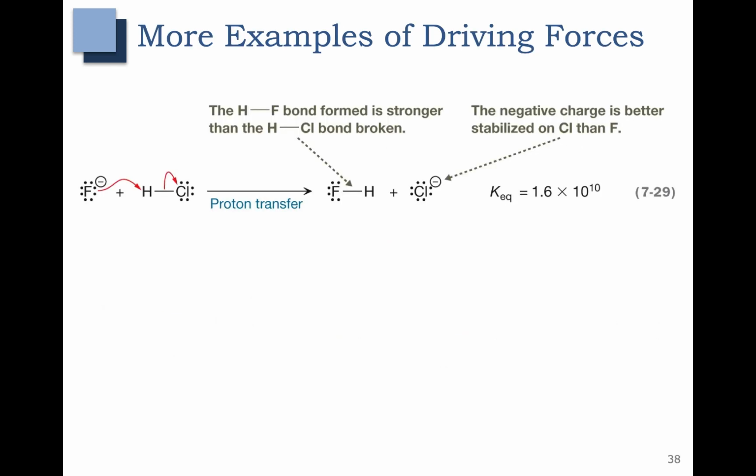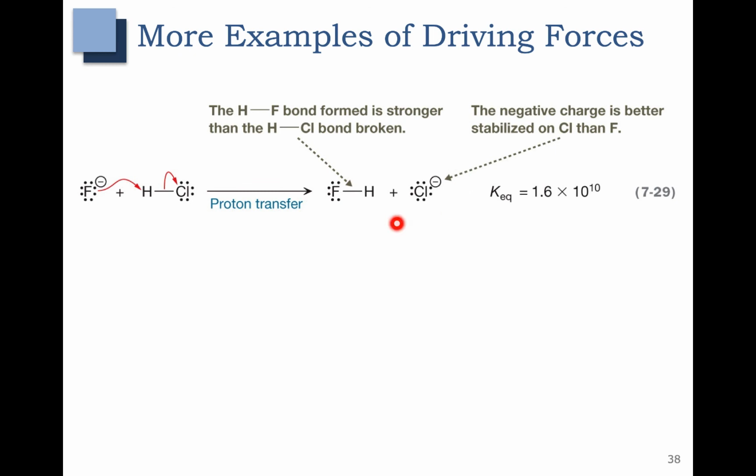Here are some more examples of driving forces. We have F- over here reacting with HCl. Well, there are actually two reasons why this occurs. One, we are forming a Cl- as opposed to an F-. Remember that chlorine is below fluorine on the periodic table, so it actually handles negative charge better than fluorine, even though fluorine is more electronegative.